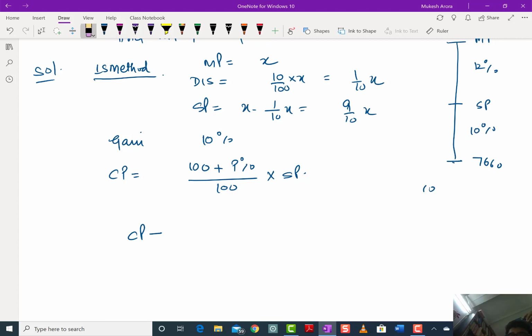So we will find SP here because CP is given to us.